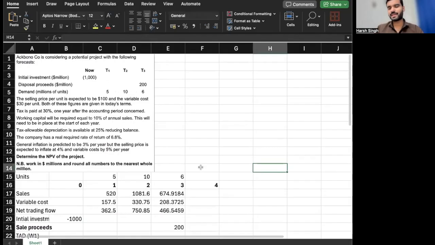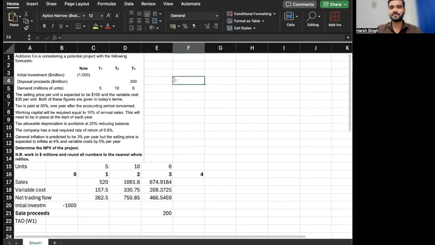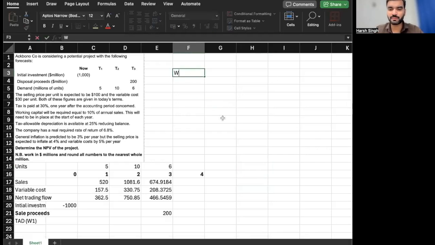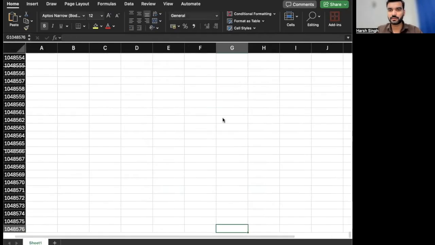Now we can prepare the working over here as well. It's just for ease, otherwise in the ACCA exam you need to prepare it separately. But I just want everything to be on the same screen. That is why I'm using the space over here. Working 1, tax allowable depreciation.